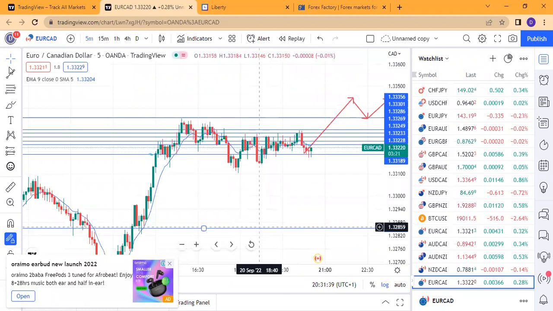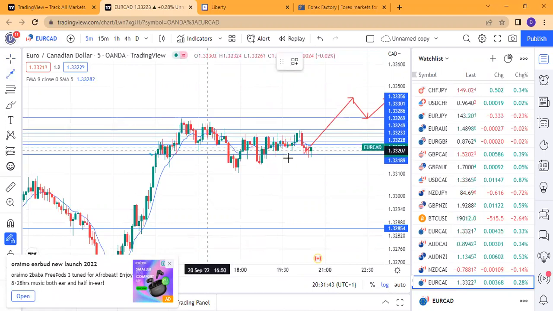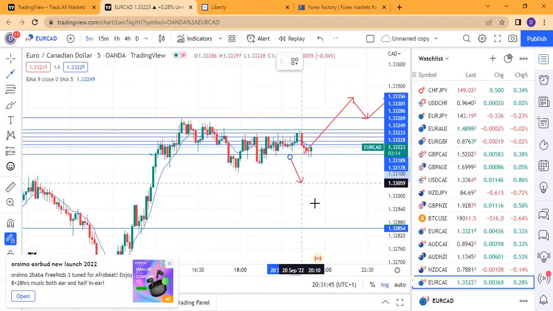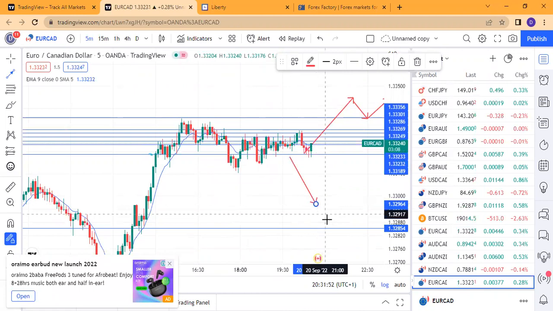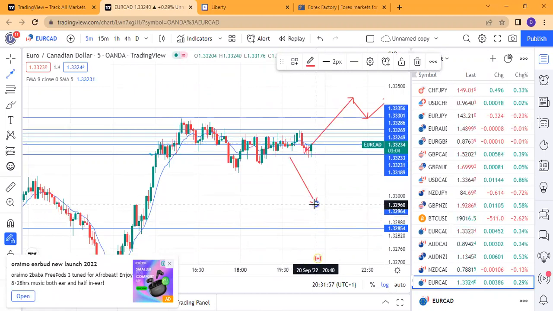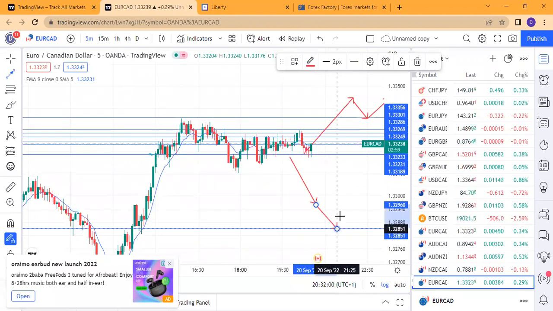Now, if it keeps going down, something like this can also happen. Let's say it keeps going down, something like this can also happen. Sorry, my network is something like this can also happen.